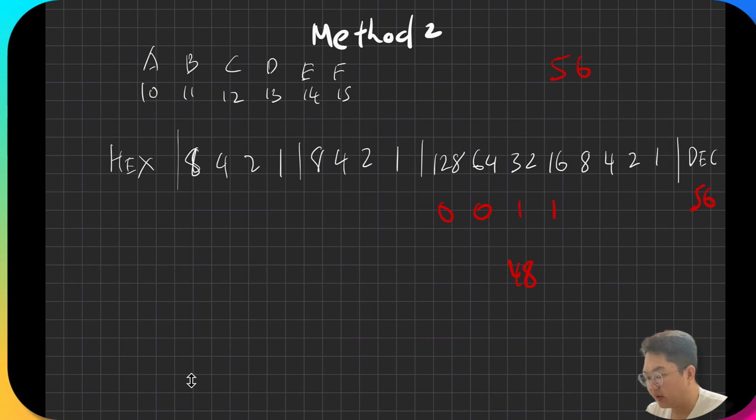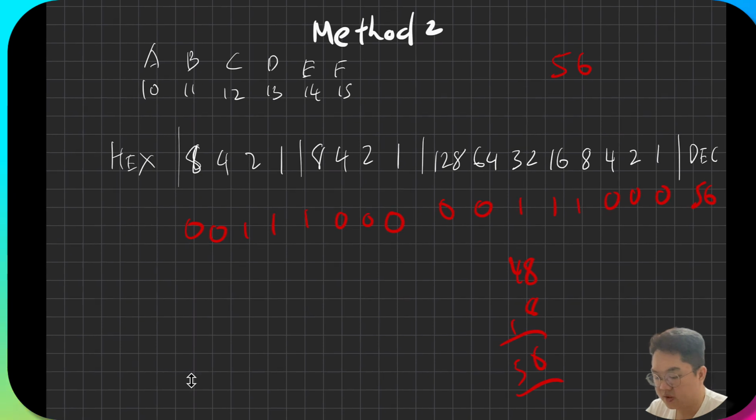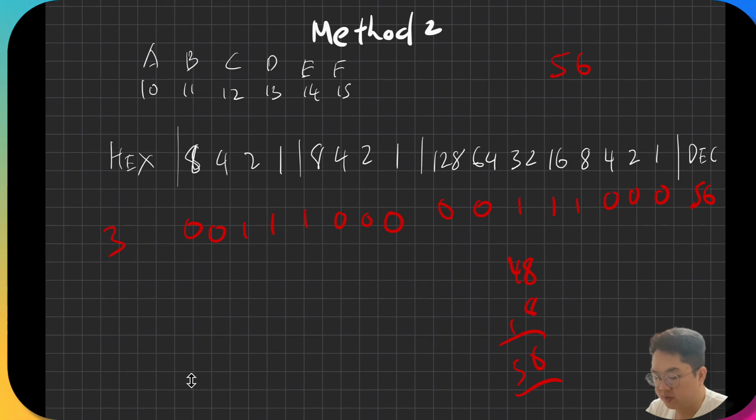And 48 plus 8 is definitely 56. So 1, 0, 0, 0. Write down over to the nibble of 8421. 1, 0, 0, 0. Using the hexadecimal letter, converting this will be 3, and this will be 8. So the number 56 in hex will be 3 and 8.